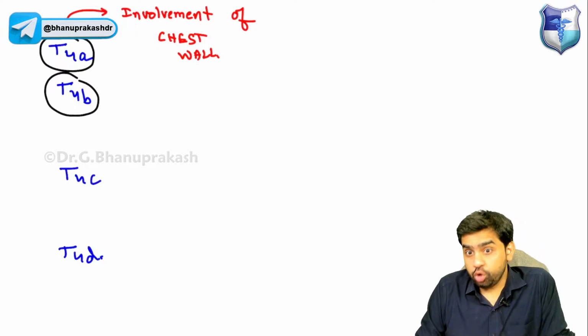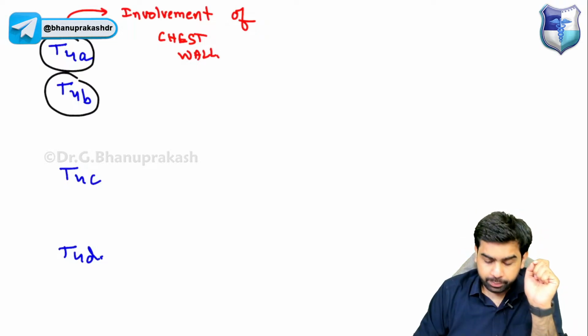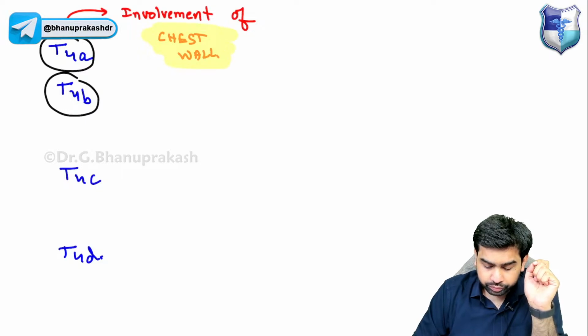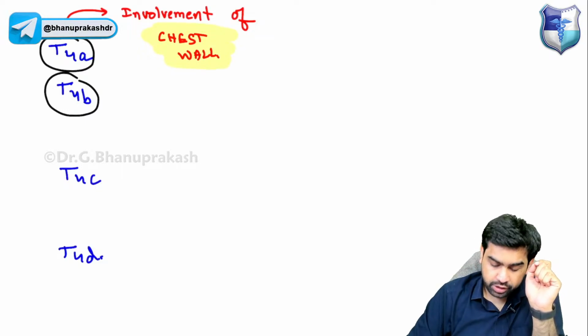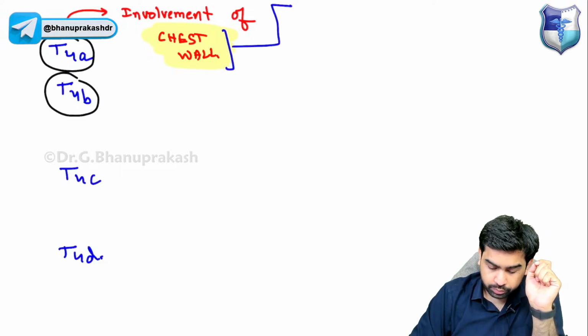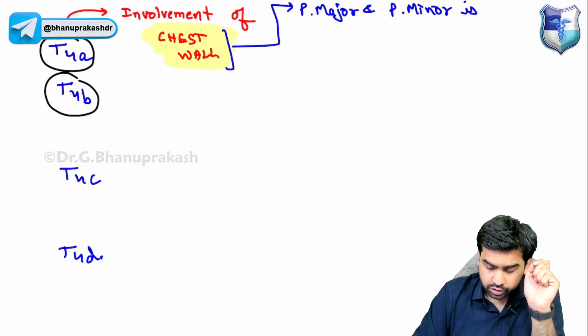So what is not included in the chest wall? The pectoralis major and pectoralis minor are not included.